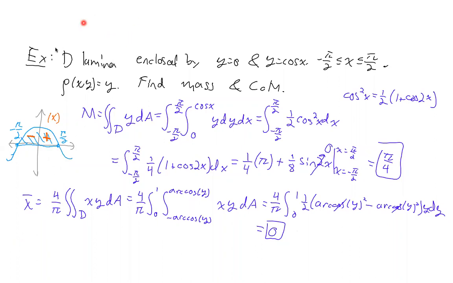What about y? Let's look at the y-coordinate now. y-bar is 4 over pi, double integral over D, in this case, of y squared dA.